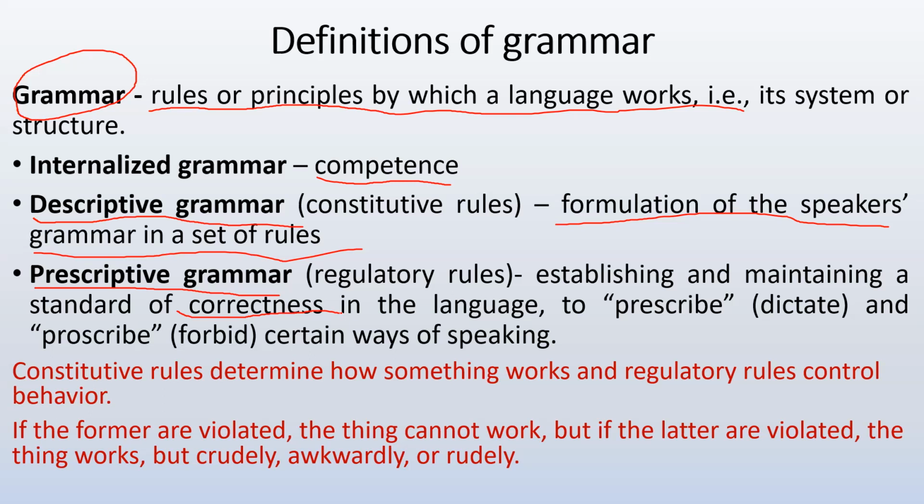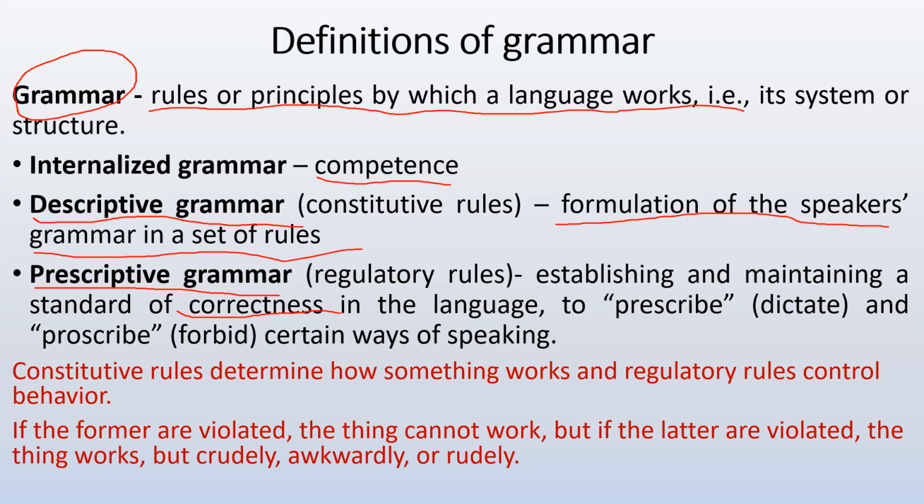Okay, so prescriptive grammar talks about the correctness of the language. It seeks correctness. It establishes the standard of correctness in the language. This is correct, you should do this, and this is incorrect, you should not do this. Likewise, prescribing, right? But this is different from descriptive grammar.